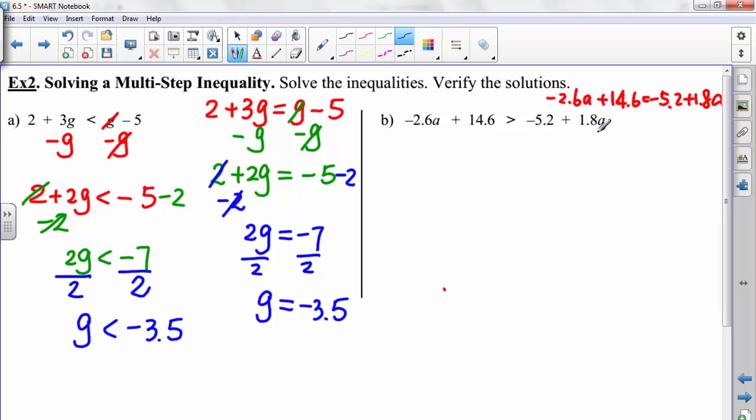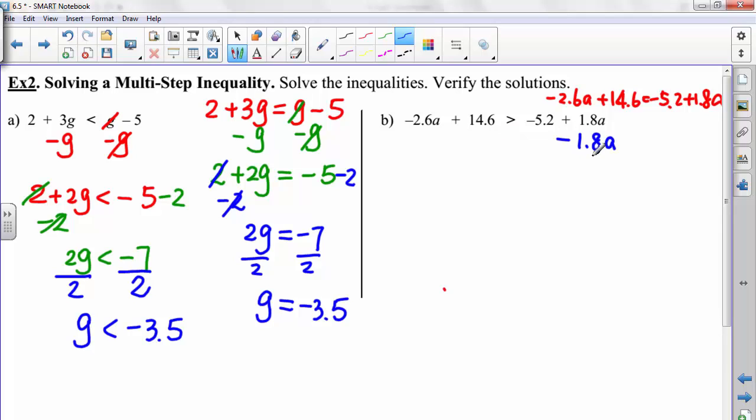So I want to cancel the variable on the right side. So this is a positive 1.8a. If I want to cancel this positive 1.8a in an equation, you guys all know I need to subtract 1.8a from both sides.